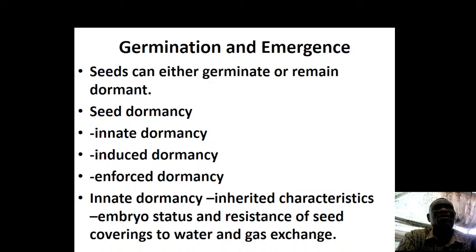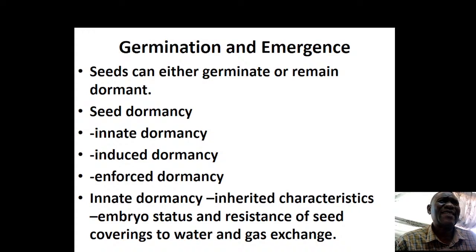Seeds can also remain dormant. We've got seed dormancy, and we've got 3 types of dormancy. That is innate dormancy, induced dormancy, and enforced dormancy. Later on we'll talk about these terms.